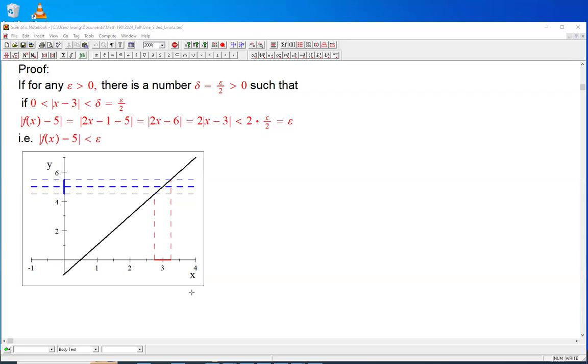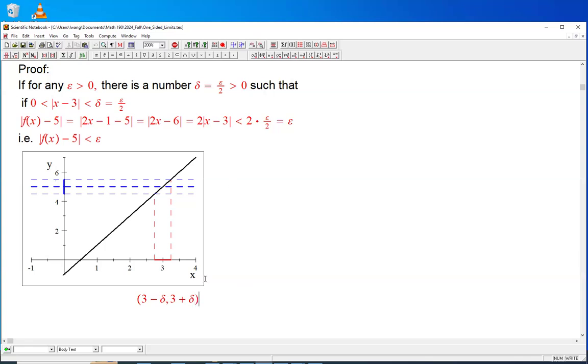Let me write it down this way. So this interval is 3 minus delta, comma, 3 plus delta. That interval.